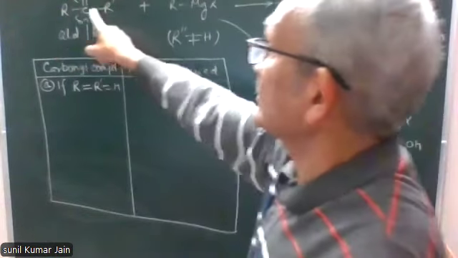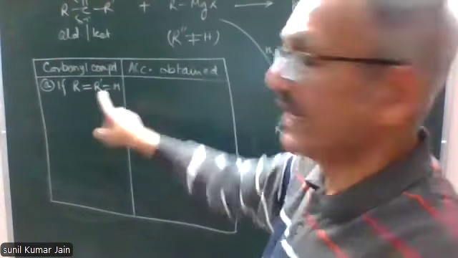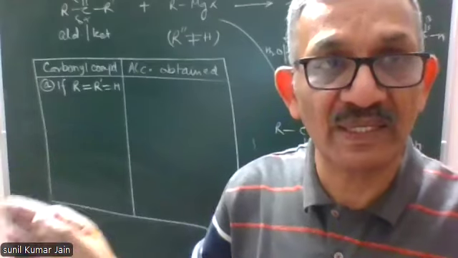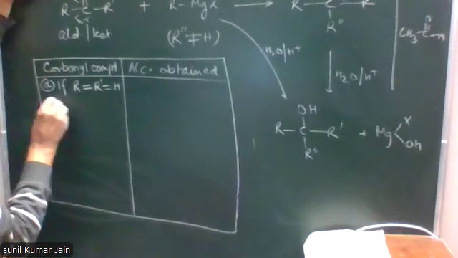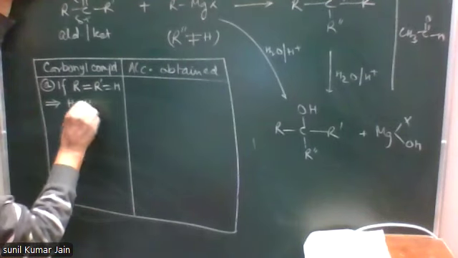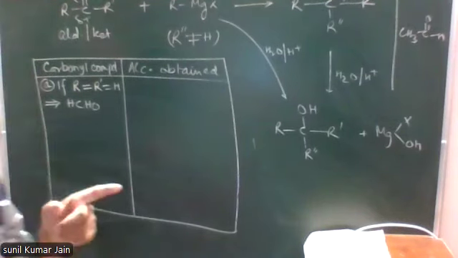If both of them are hydrogen atoms, it means this carbonyl compound is HCHO, formaldehyde.